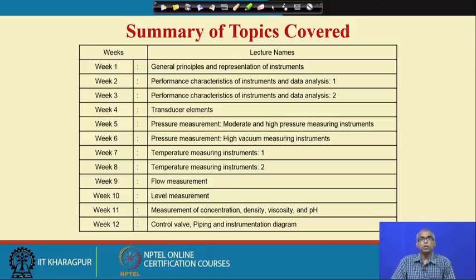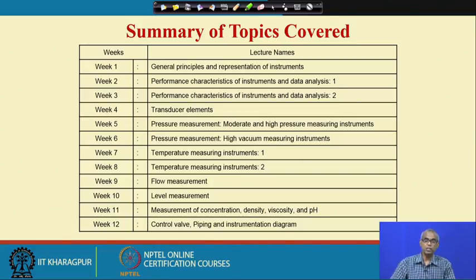So, this is a summary of the topics that we have covered in this course. We have talked about general principles and representation of instruments. Then over 2 weeks we have talked about performance characteristics of instruments and data analysis. We have talked about transducer elements. We have talked about pressure measuring instruments for 2 weeks, moderate and high pressure measuring instruments as well as high vacuum measuring instruments.